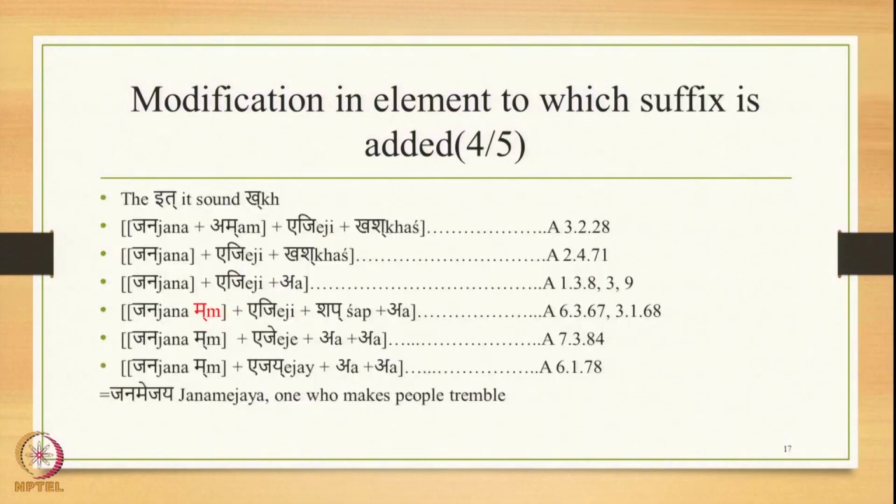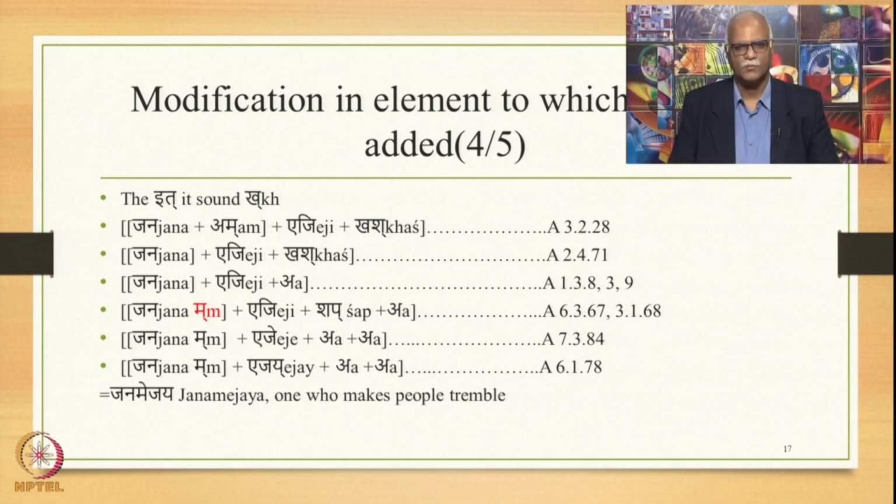Now let us take another example which explains modification in the element to which a suffix is added, and this modification is brought about by an it sound which is part of that precise suffix.